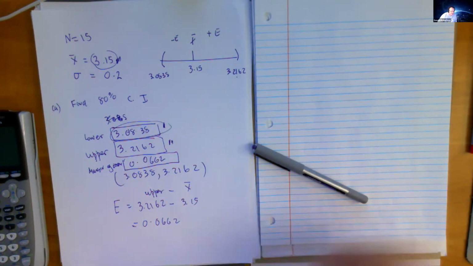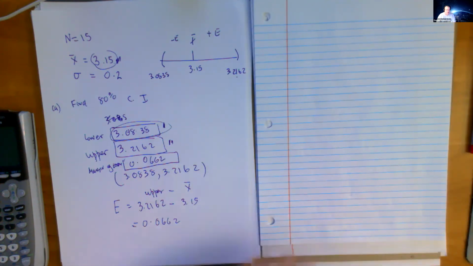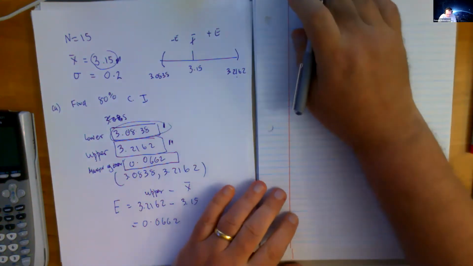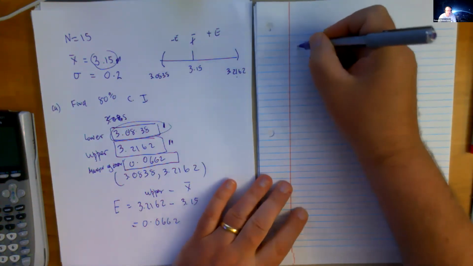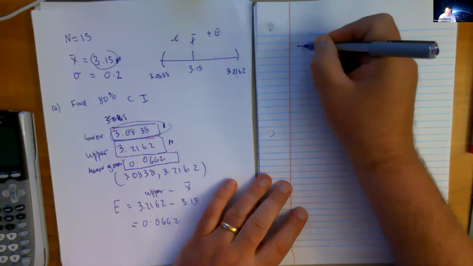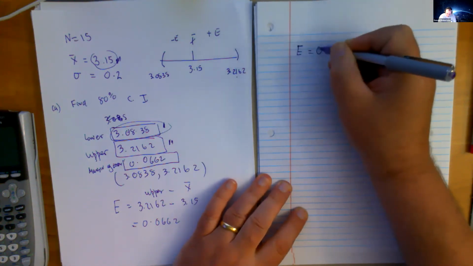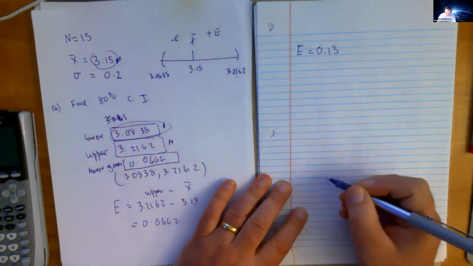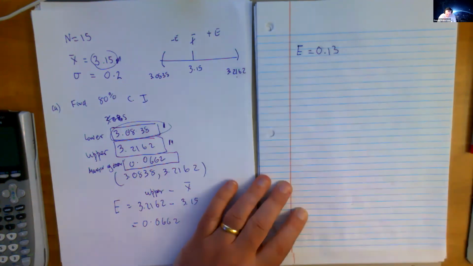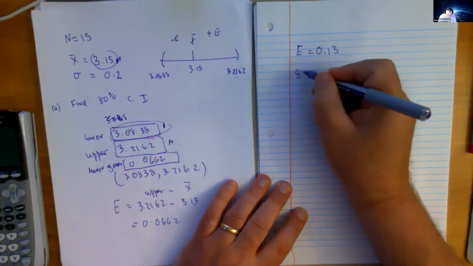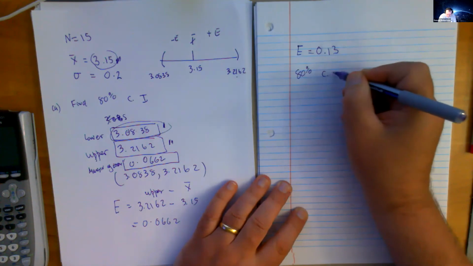Right. Now, as you go through the questions, they come up with one more. So I've got the question in front of me, so I'm just going to tell you what it is. Suppose that we wanted the margin of error to be 0.13. And it's an 80% confidence interval.